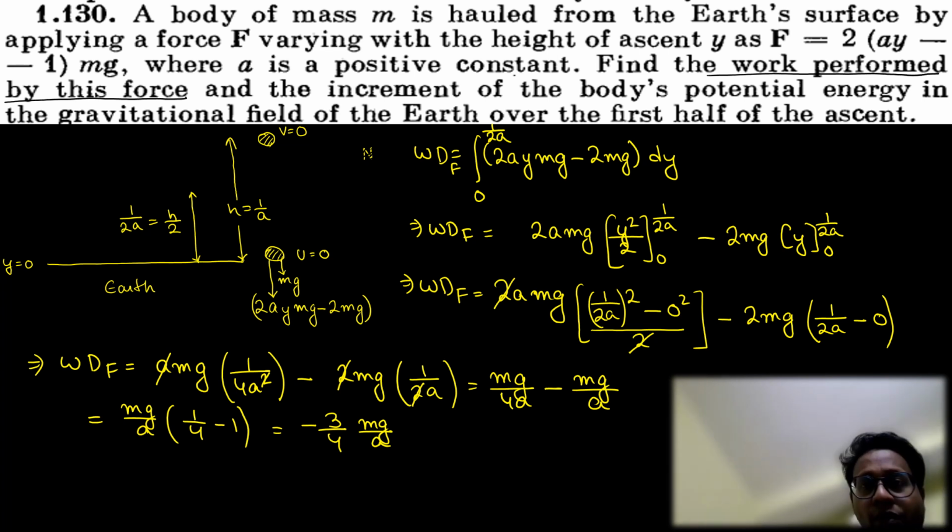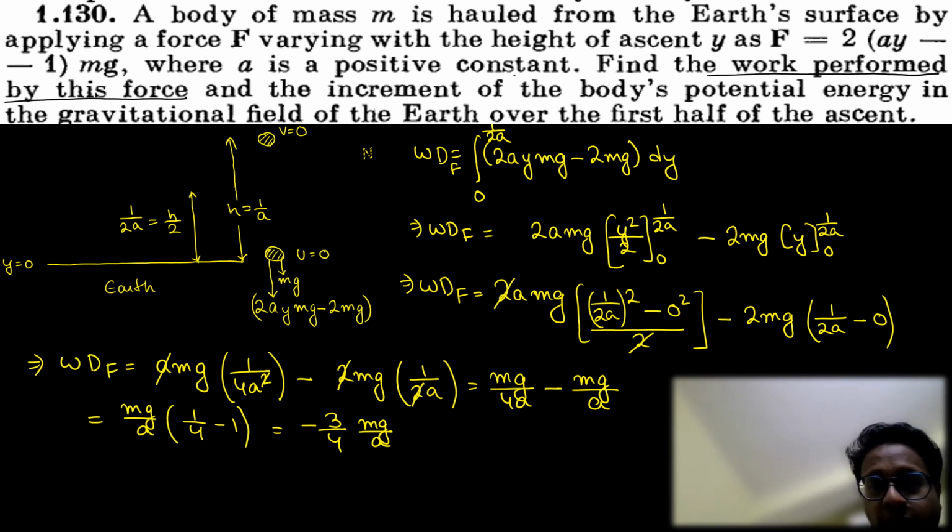Now a confusion that I have out here is whether this should be minus or plus. Let's check. The force that is given is in downward direction. The displacement that I'm calculating is in upward direction, since dy is integrated in upward direction. So the angle between force and displacement is 180 degrees, and cos of 180 is minus 1.